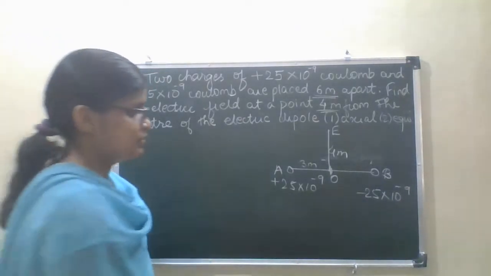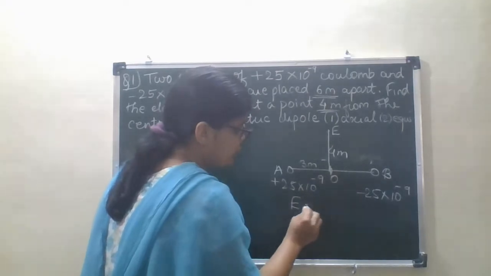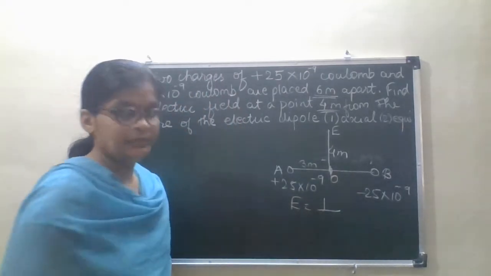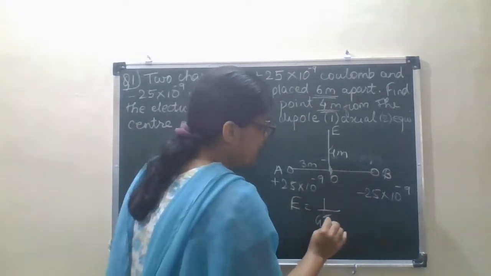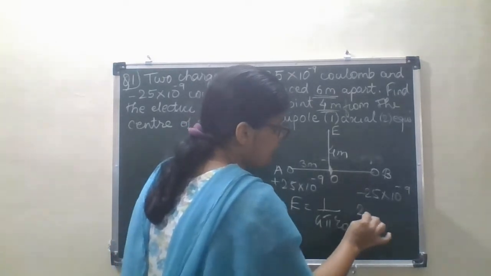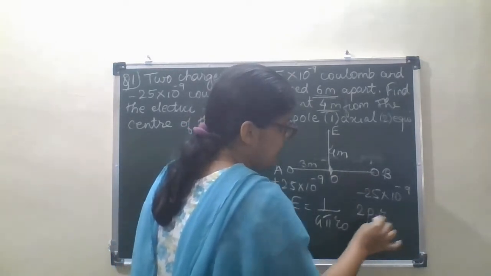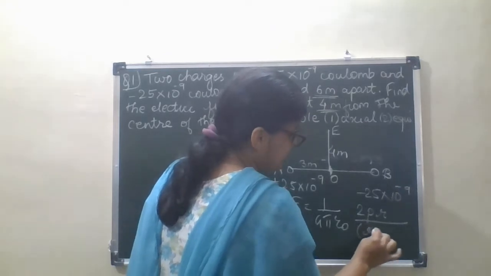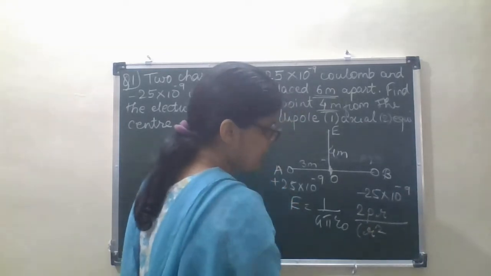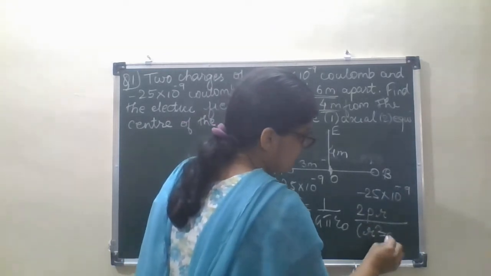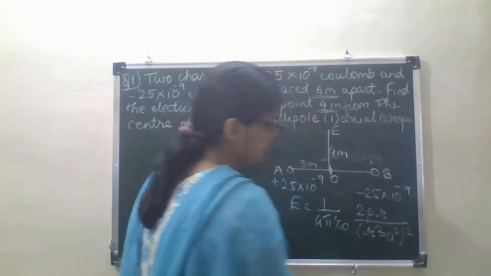So what were the equations? Let us see here. The equation for the axial line was 1 upon 4 pi epsilon naught, twice p r upon (r square minus a square) the whole square.